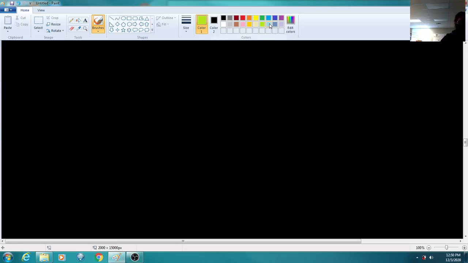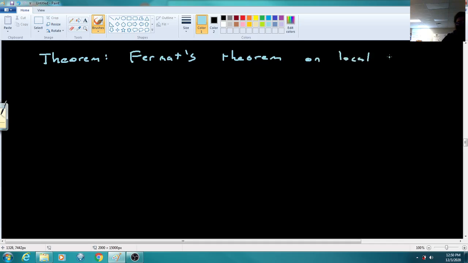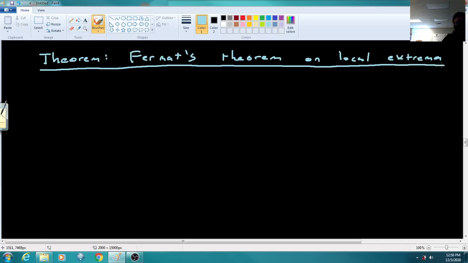So next up, we're going to look at another theorem. This is Fermat's theorem on local extrema. And remember, on the AP test, they may use the word relative, so it may be something about relative extrema.